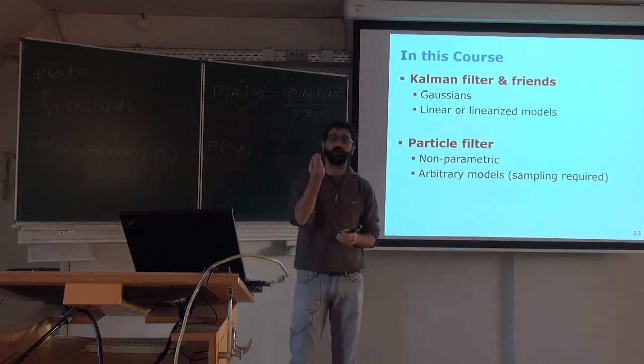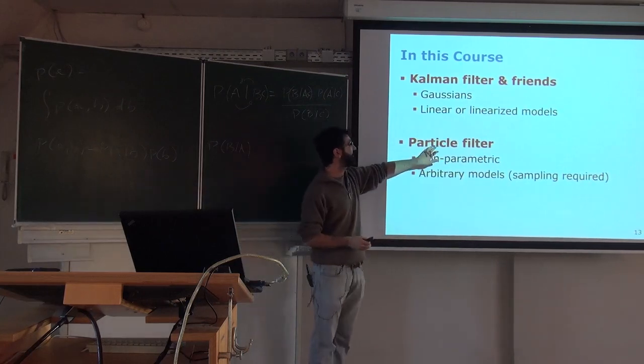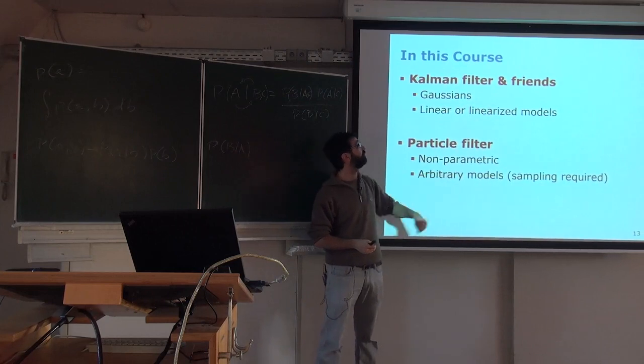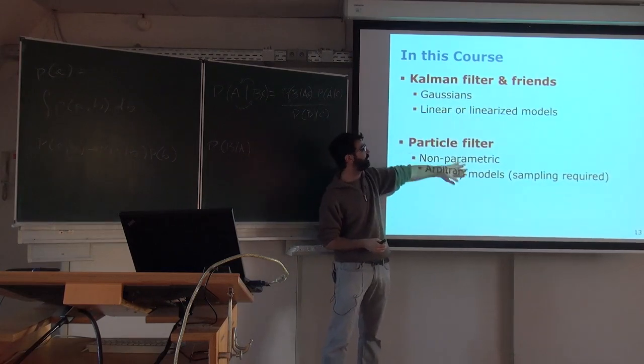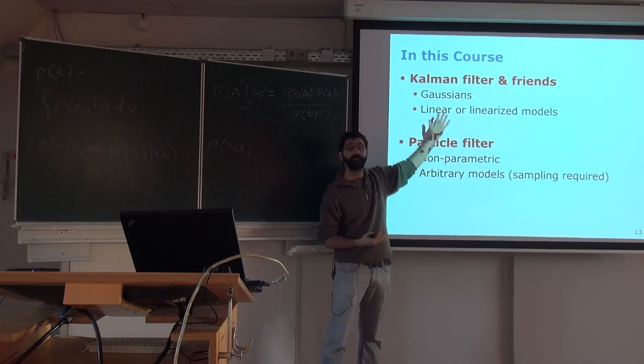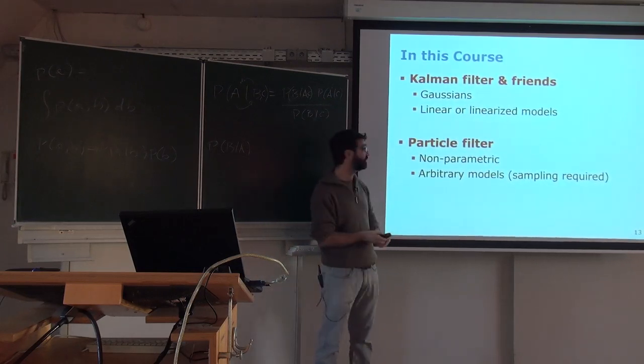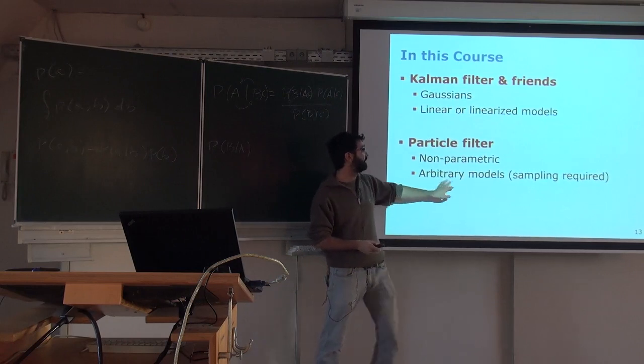Gaussian noise. And then we'll see the particle filter family, where they are non-parametric, so the noise is not necessarily coming from a Gaussian distribution. There is no analytic function behind these models, and they can use any kind of arbitrary model.